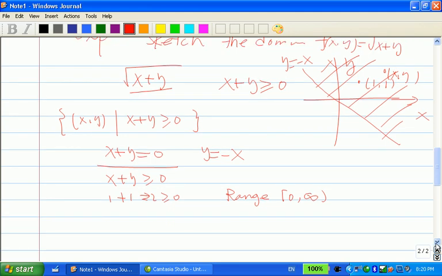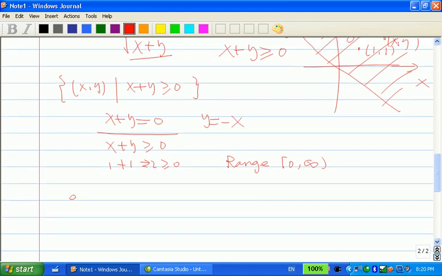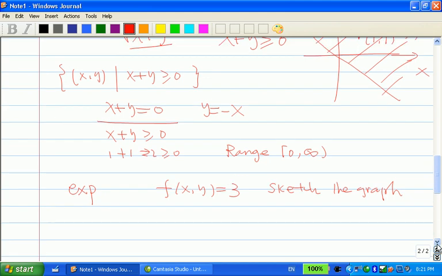Okay, now let me give another example. Try to understand a function depending on two variables. For example, my f(x,y) equal to 3. We want to sketch the graph. Okay, this function is simple.